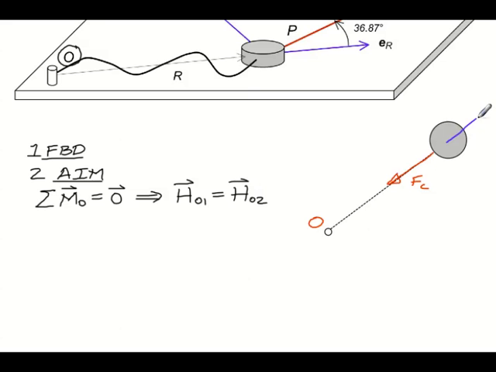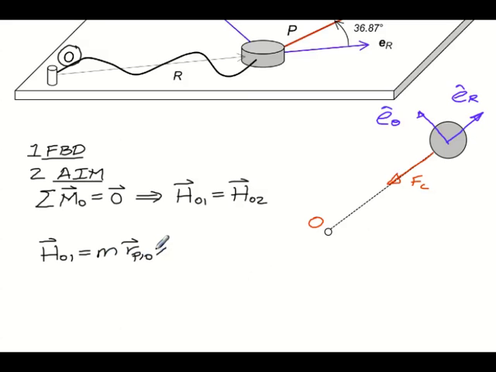I'm going to resolve things in terms of the unit vectors ER and E theta that are shown in the figure. I'm going to redraw them here from the top view as this. And from this we see that HO1, by definition, is R cross MV.